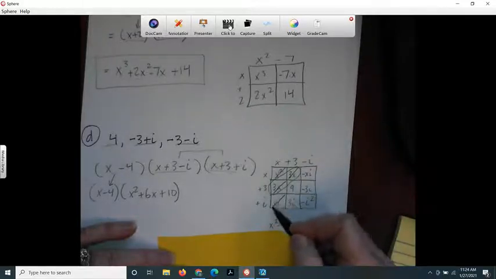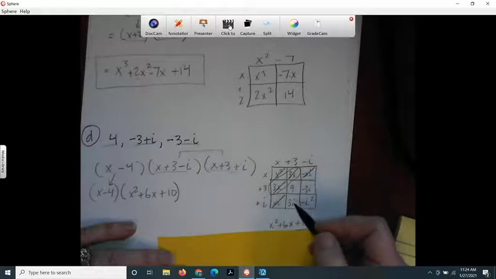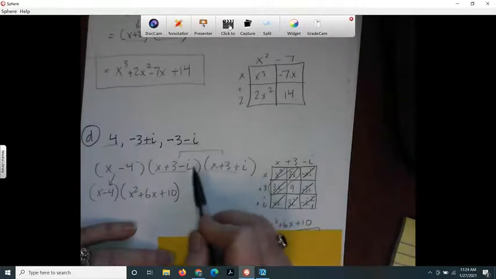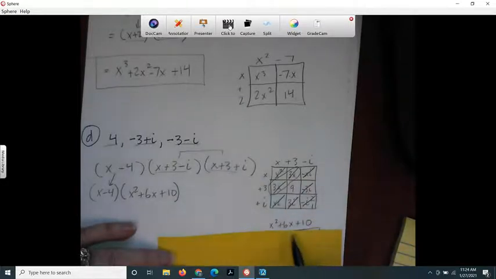There's the xi and this negative xi. Here's this 3i and the negative 3i. This is negative i squared. So i squared is -1. Negative of -1 is 1. 9 plus 1 is 10. So when I multiply these two together, I get this trinomial right here.